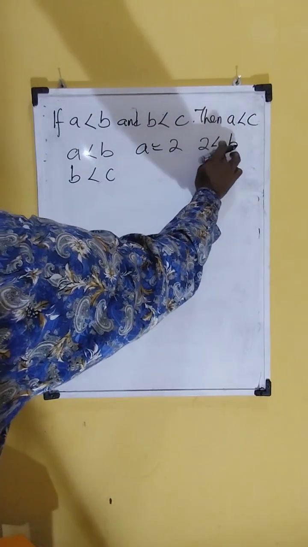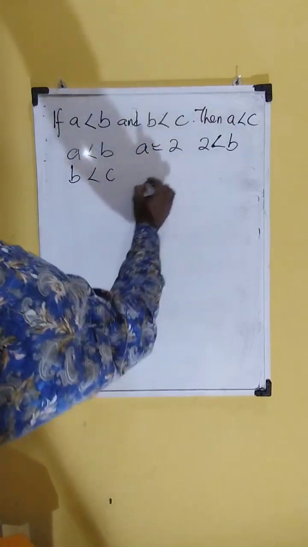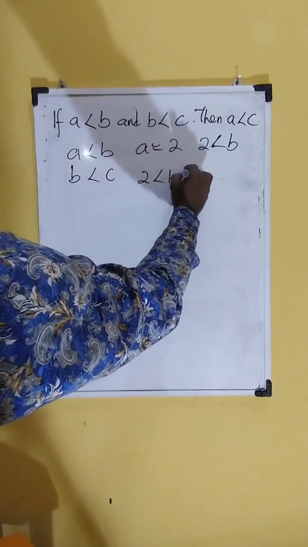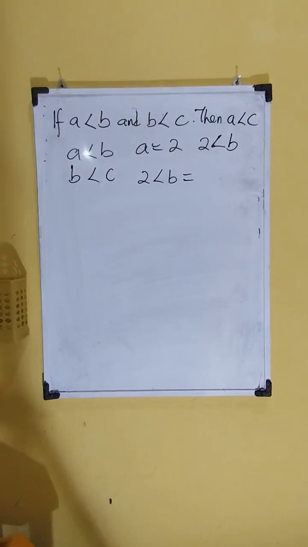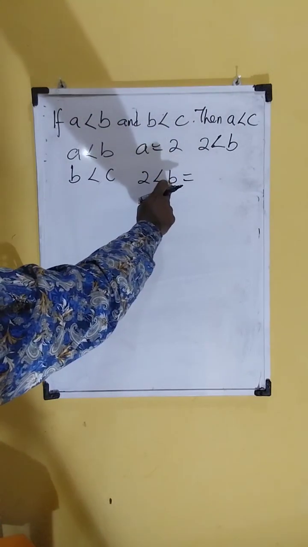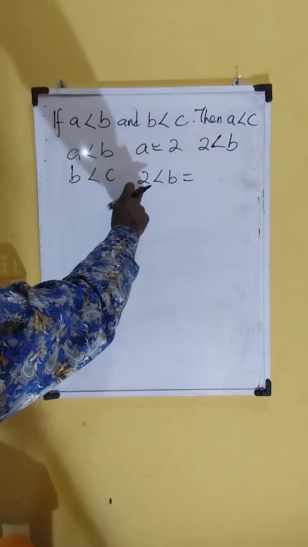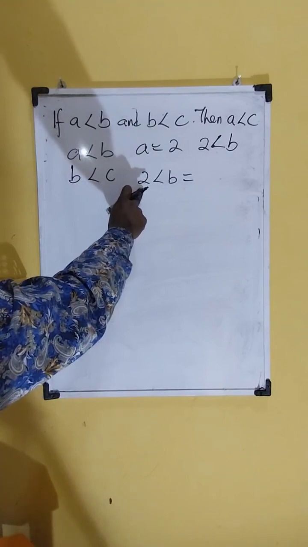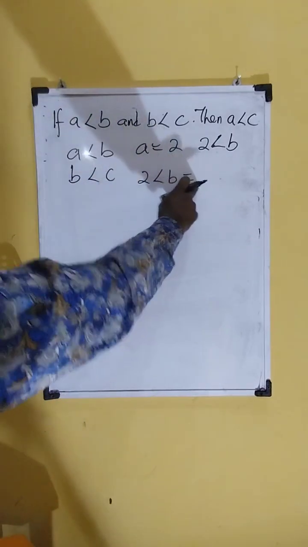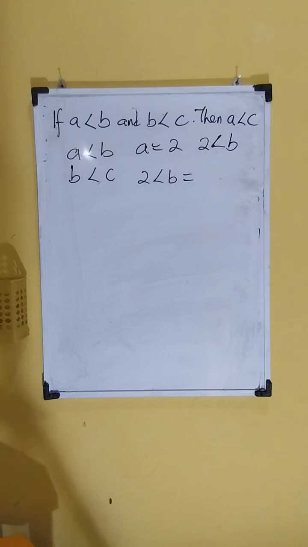So when we say that 2 is less than B, what does that mean? It means that the number B should not go beyond the 2. So what is actually the value now? Can anybody answer? 3 and above.